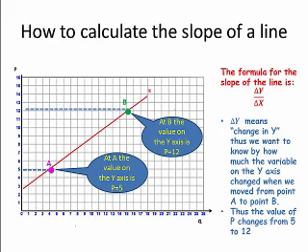Thus the value of P changes from 5 to 12. The change in y is equal to 12 minus 5 equals 7. The price increased from 5 to 12 when we move from point A to point B.